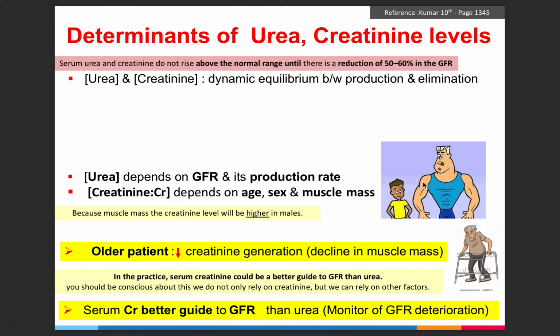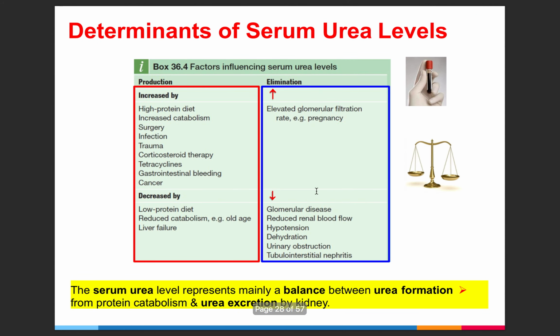If you are a lean patient, you have less creatinine. If you are older, it must be low because you have less muscle and more fat. And these are some things that increase your urea level, just to give an idea.